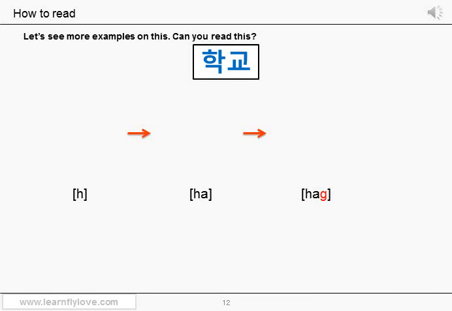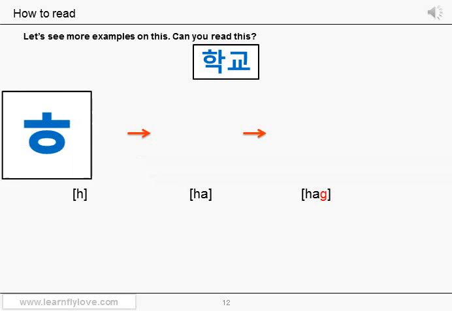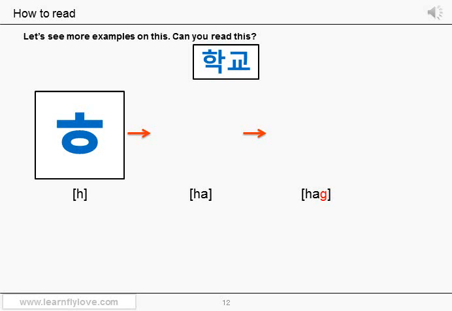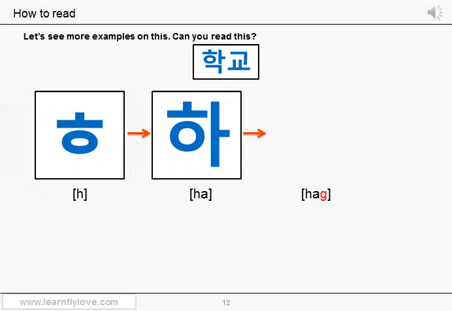Can you read this word? For those who can't yet, we will let you know how to read this. Let's see the initial consonant first. It sounds H, like H in English, and add a vowel which sounds A. H, A, Ha.